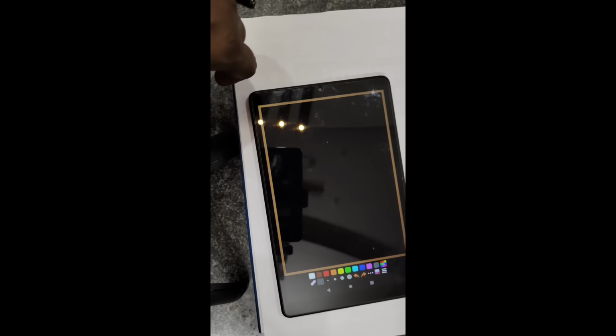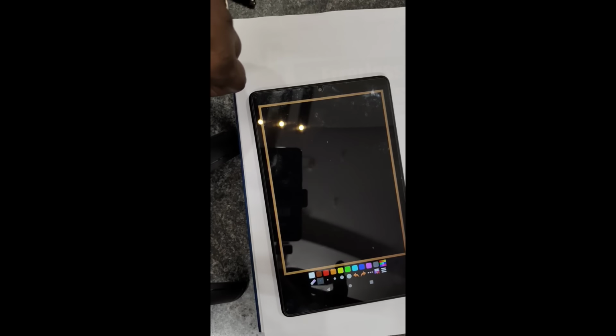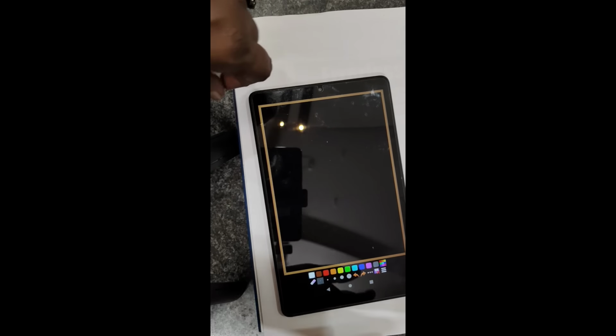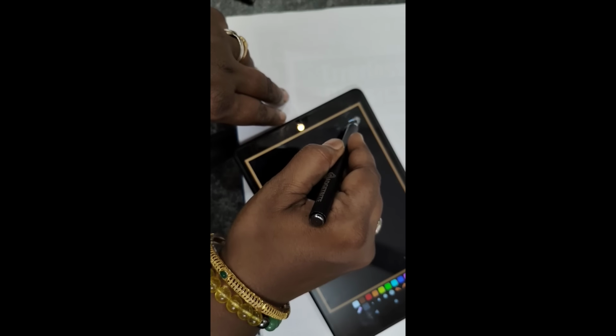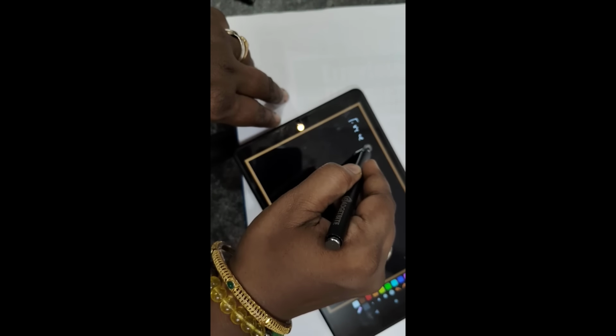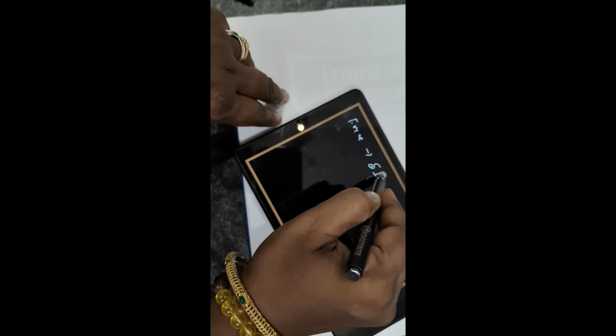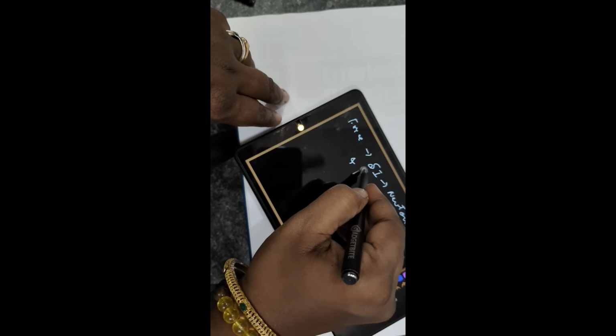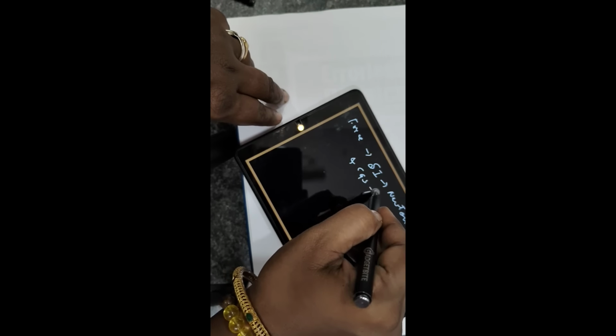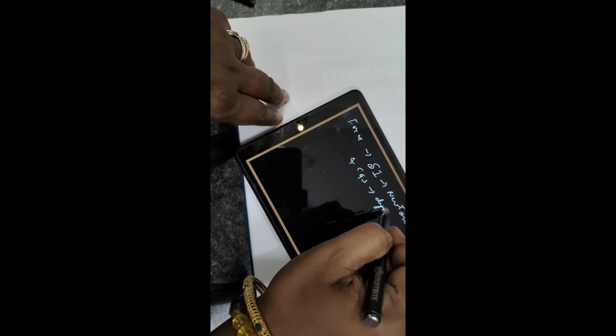So let us see how to convert the system from one form to another. Let us take force as an example. In the SI system, force is taken in terms of Newton, and in CGS as dyne.